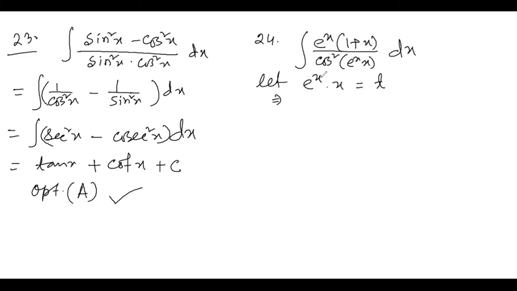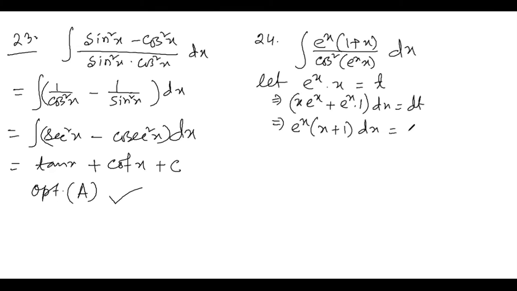Here we will apply the u into v formula. So x into e to the power x differentiation is e to the power x plus e to the power x into x differentiation, which is 1, into dx equals dt. So taking e to the power x common, (x plus 1) dx equals dt.